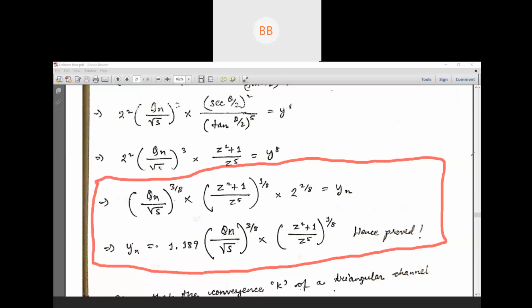I can understand it is very difficult to follow as we are discussing online, and the time is also about to end. So I suggest you try to solve or derive this equation, or sorry, solve this numerical at home. If you find any difficulties, we can discuss in the next class.